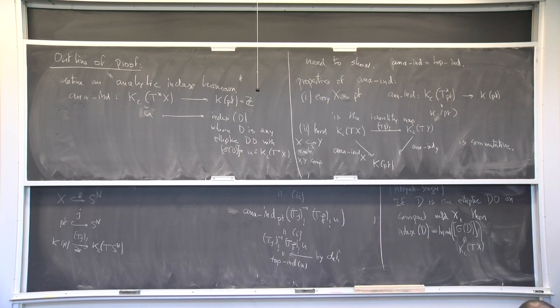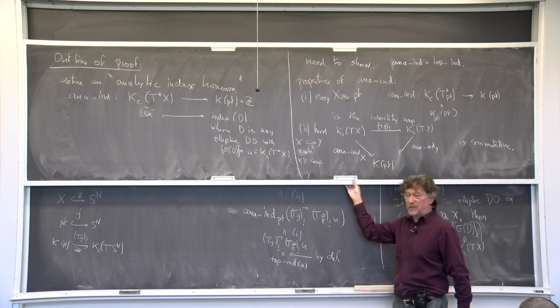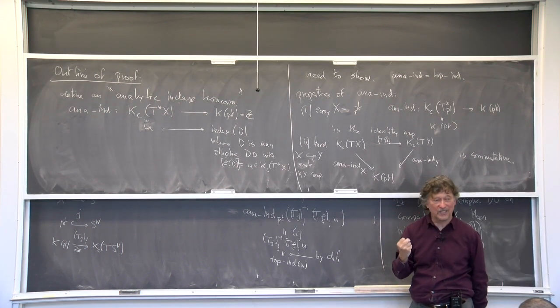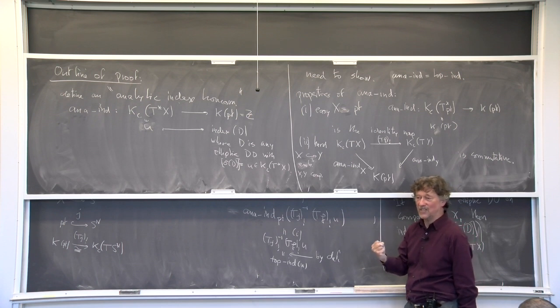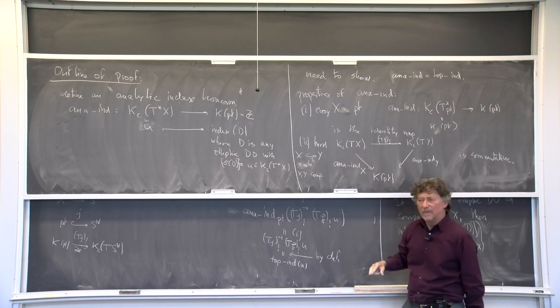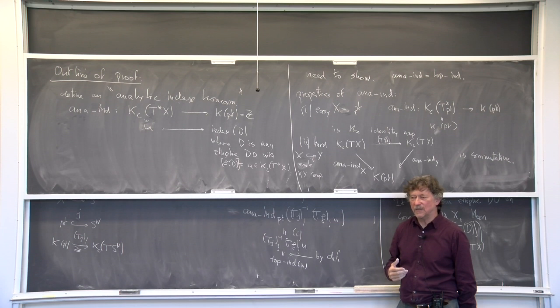And then you have an interesting question. Assume that X is a spin manifold, so that you have this Thom class, this K-theory orientation. Then you have this very specific, very primordial class, namely the K-orientation. What operator does it correspond to?